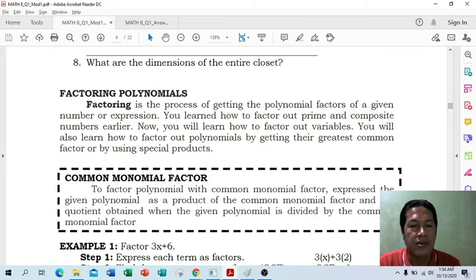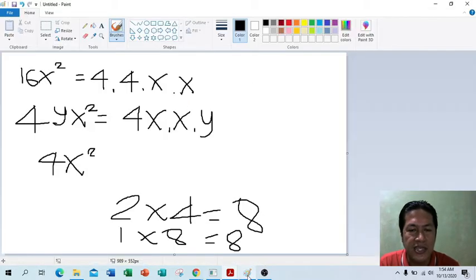We'll also learn how to factor polynomials by getting the greatest common factor or by using special products. Factoring is the opposite of a product. 2 times 4 equals 8. So 8 is our product, and these are its factors. What are the factors of 8? 1 times 8. Okay. It is the opposite.